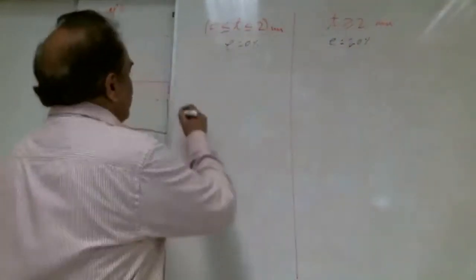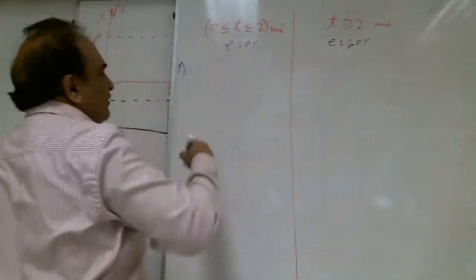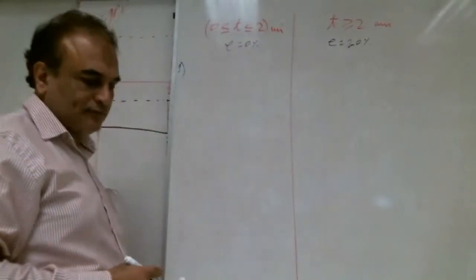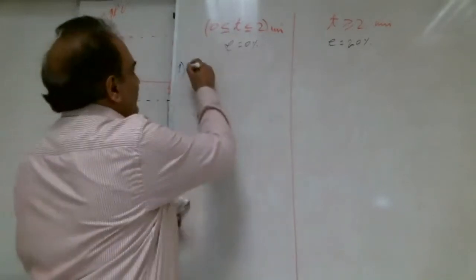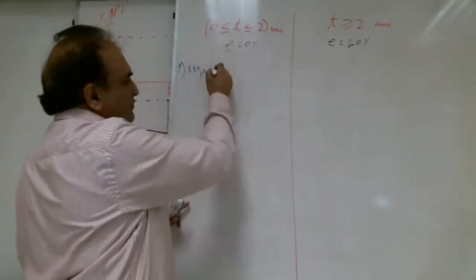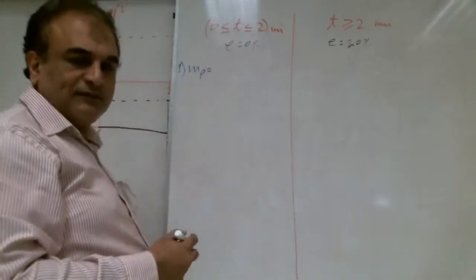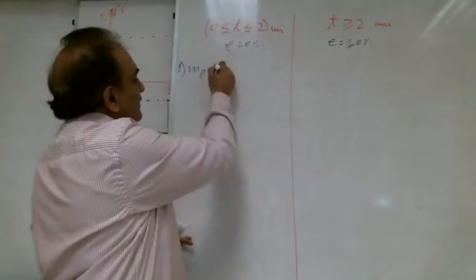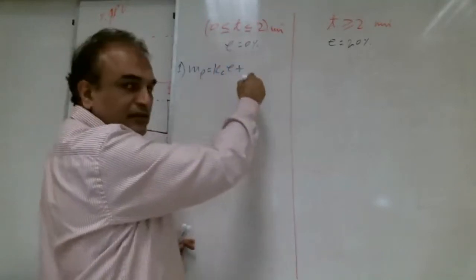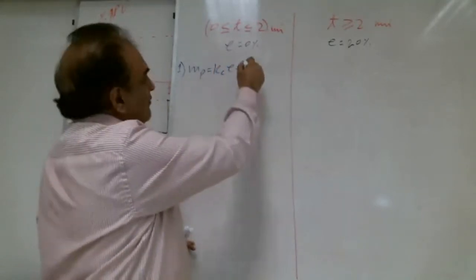Okay, what is the first step always, Shabab? MP, that's good. Very good. MP is equal to what, Shabab? Kc times error plus MR. Very good.